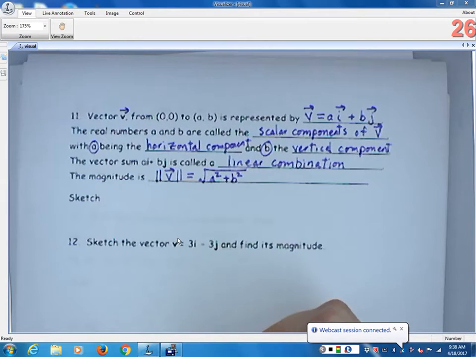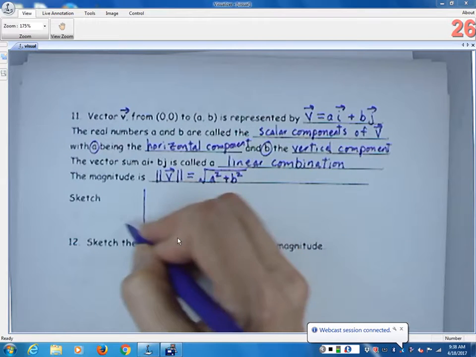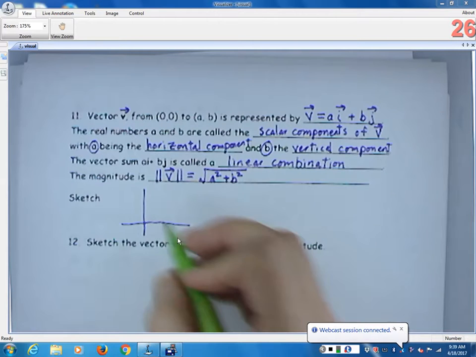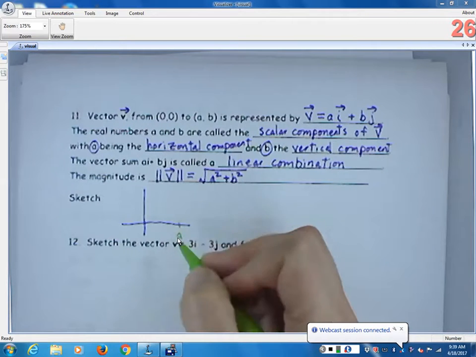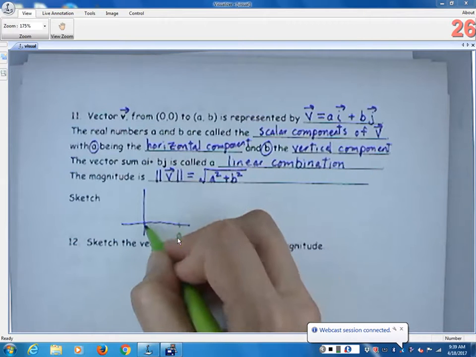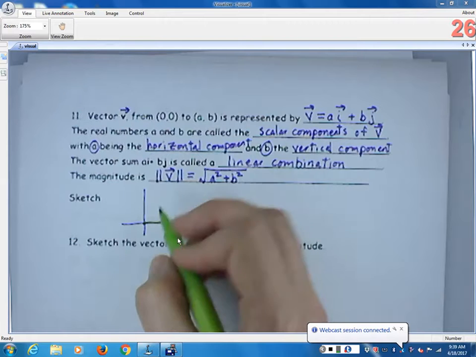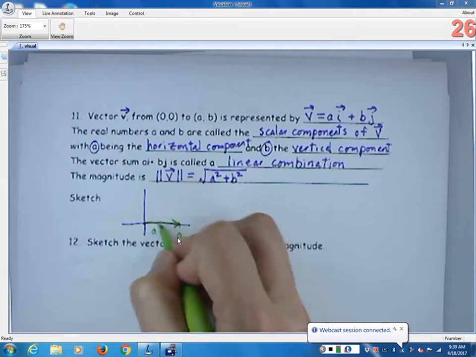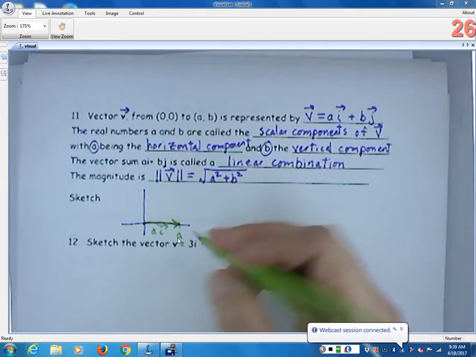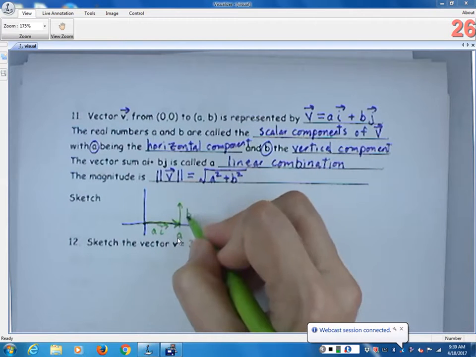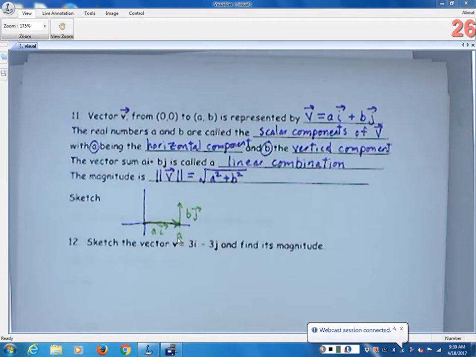So we'll draw a sketch. These are our axes. This is a. So we've got a vector here, a times the unit vector i, and then we've got a vector b times j, and that's going to equal your vector v.